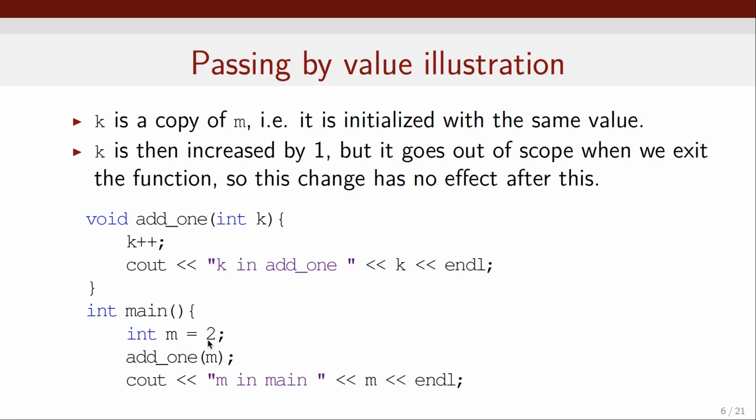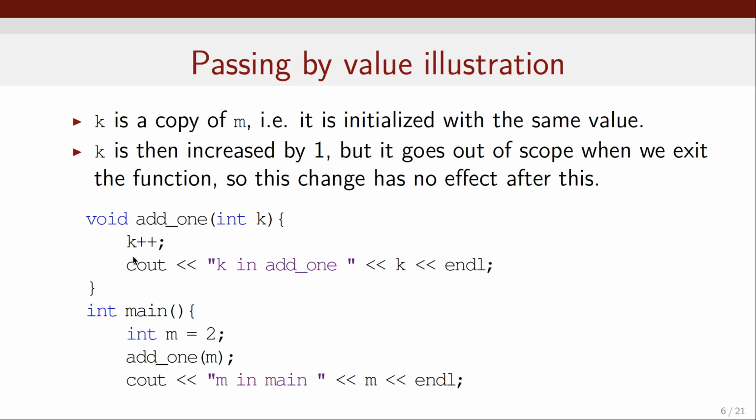And then I call the function add1 and pass this value m to the function. In this case, k is a copy of m. In other words, it's initialized with the same value.